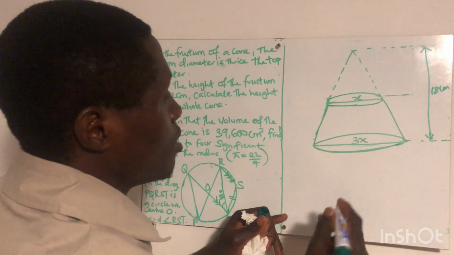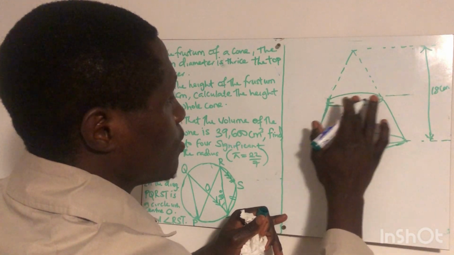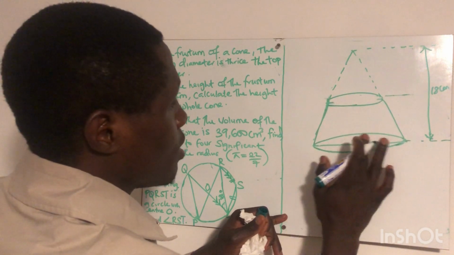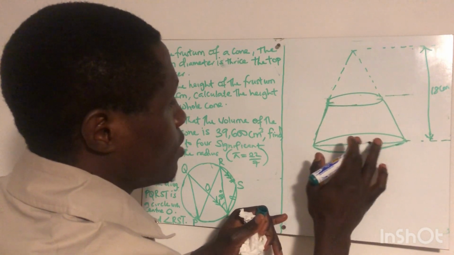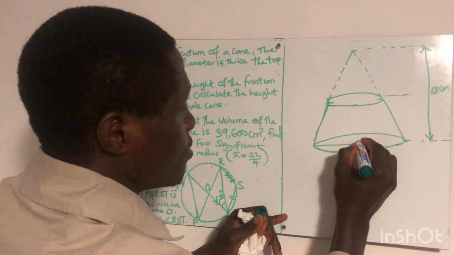We are less concerned about this one, but we are concerned about the whole cone here. So we are looking for the radius of this whole cone here.